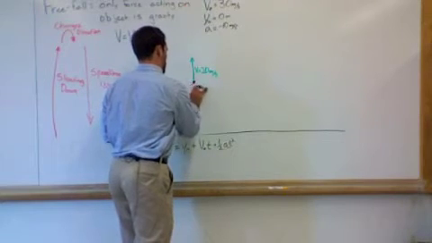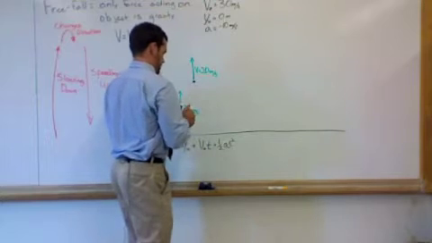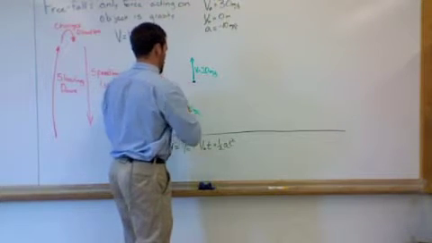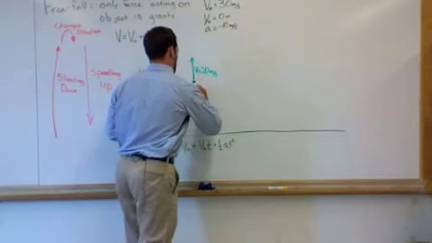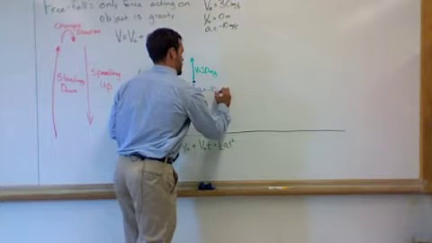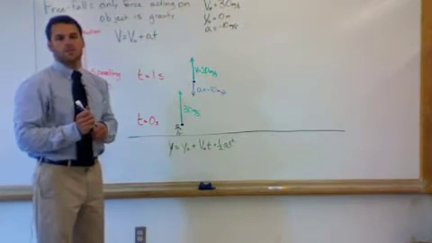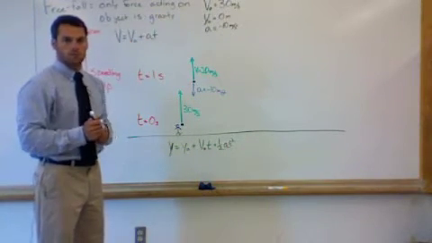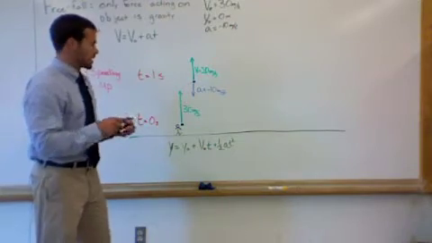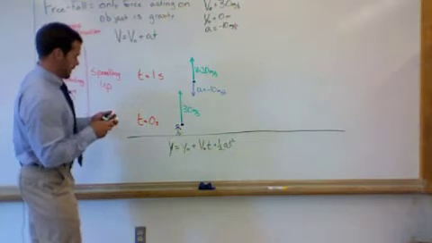I like blue better. Our acceleration is going to be negative 10 meters per second squared. That's 1 second. All right, how about 2 seconds? Am I missing anything? I think I am.